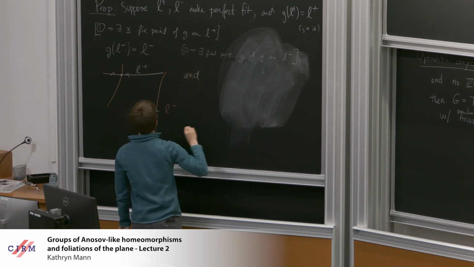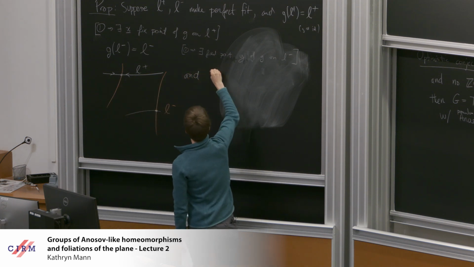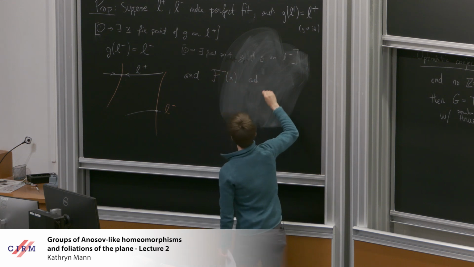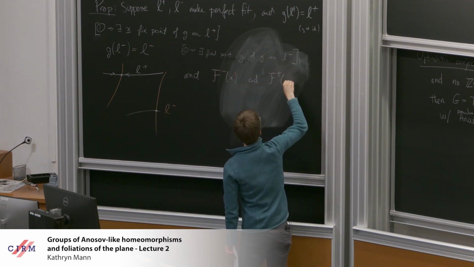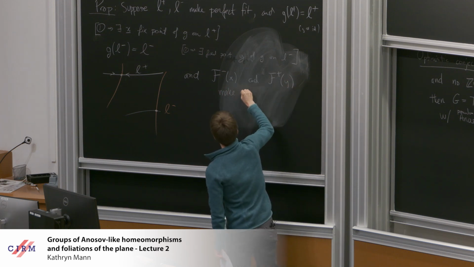And so that's the minus foliation leaf through X, and the plus foliation leaf through Y, these two also make a perfect fit.